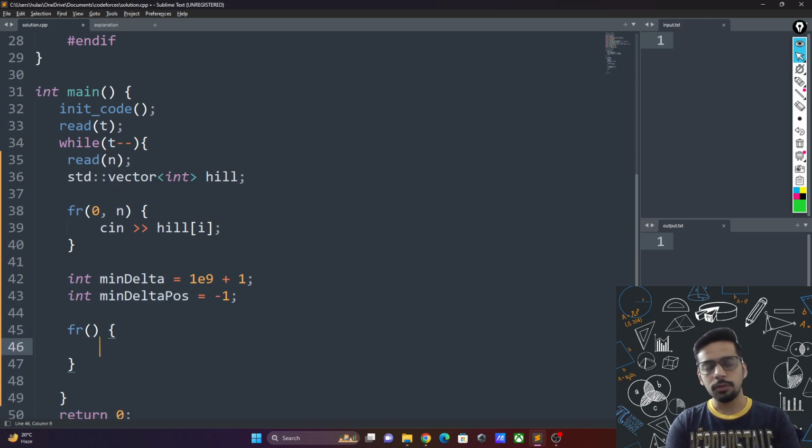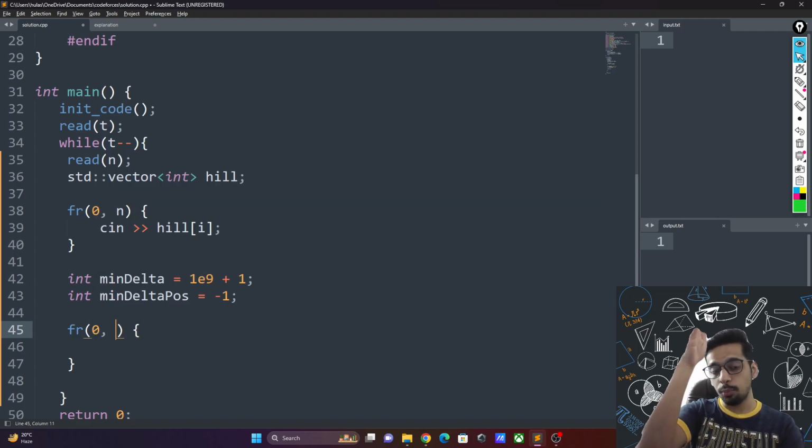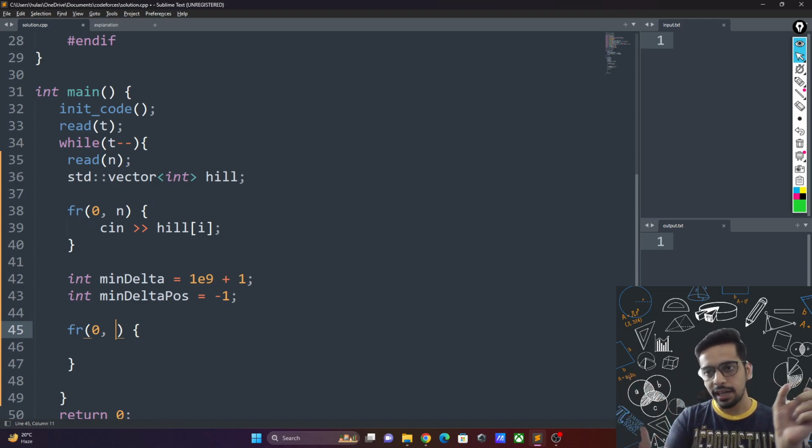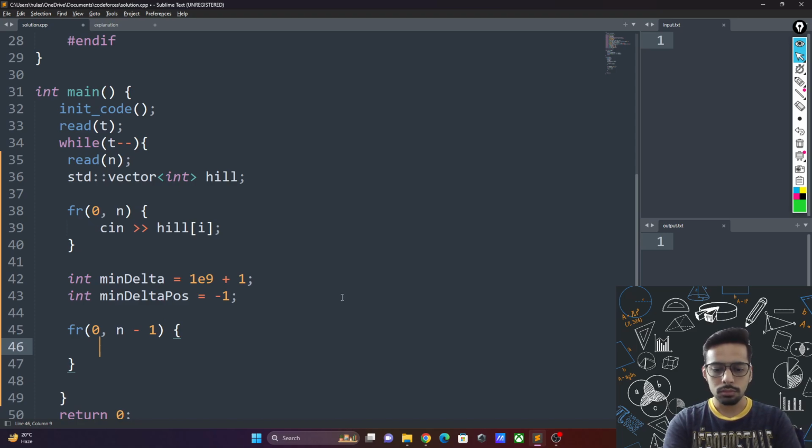Now I'll loop from the 0th element till the n minus 1th element to find where the min delta is. Basically, I'm looking for the i where I need to break the array into two halves and then take the first half and place it to the left of the second half. So 0 to n minus 1, and delta here equals hill at i plus 1 minus hill at i.